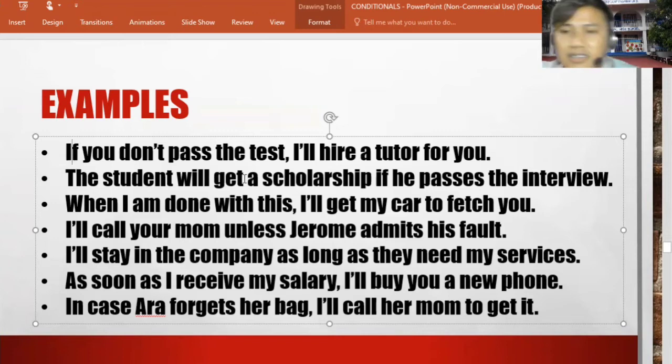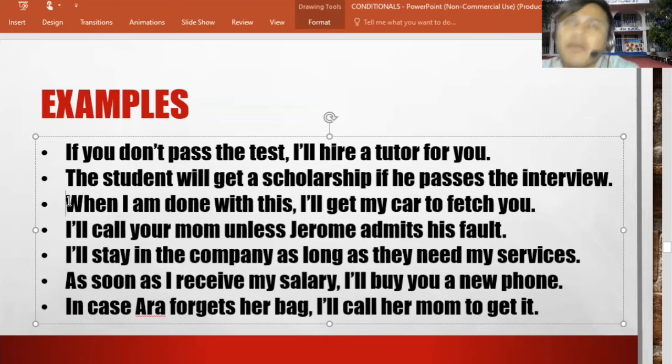And our if clause is in here. We have the if and our present action, or verb, is passes. Understood? So likewise, on the third example: when I am done with this, I'll get my car to fetch you.